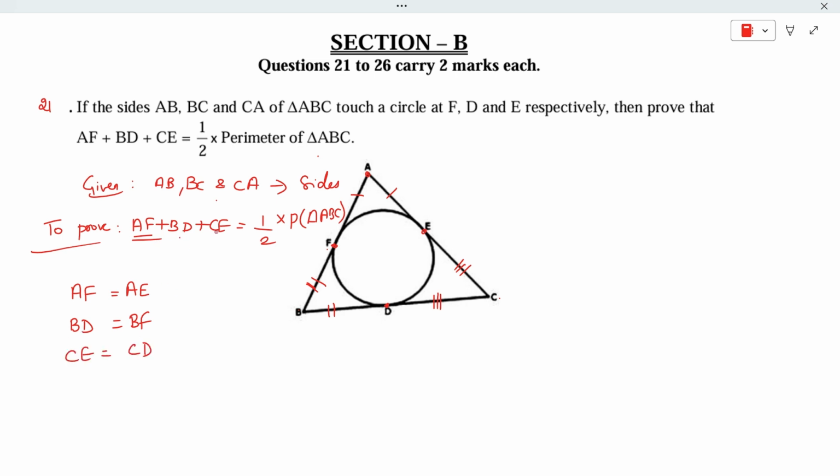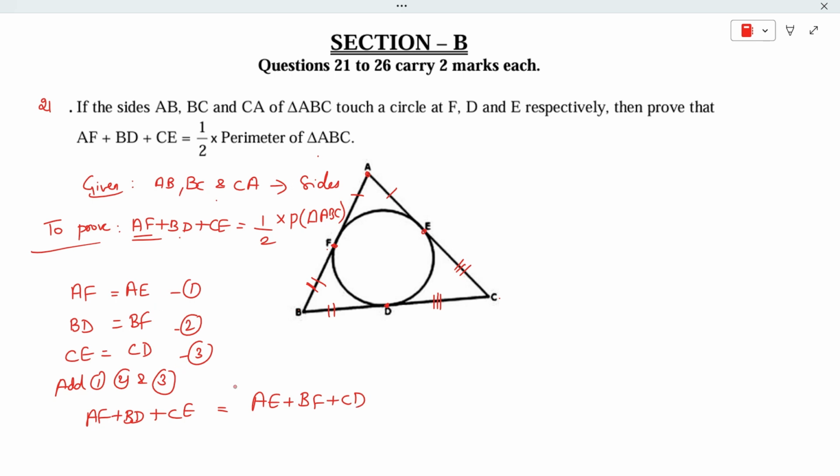So the left hand side proof, I'm just taking whatever I needed and I have written here. Okay. So now let me name it as equation 1, 2 and 3. I'm going to add all the LHS of equation 1, 2 and 3. So adding 1, 2 and 3, I will get AF plus BD plus CE is equal to AE plus BF plus CD.